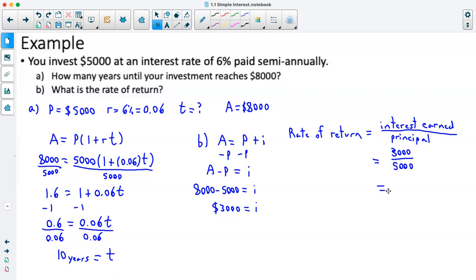Now we can write this in one of two ways. We can do it as a decimal, which would be 0.6, or we can change that into a percentage. So we've got a 60% rate of return. So after 10 years, we have earned 60% of what our initial investment was.